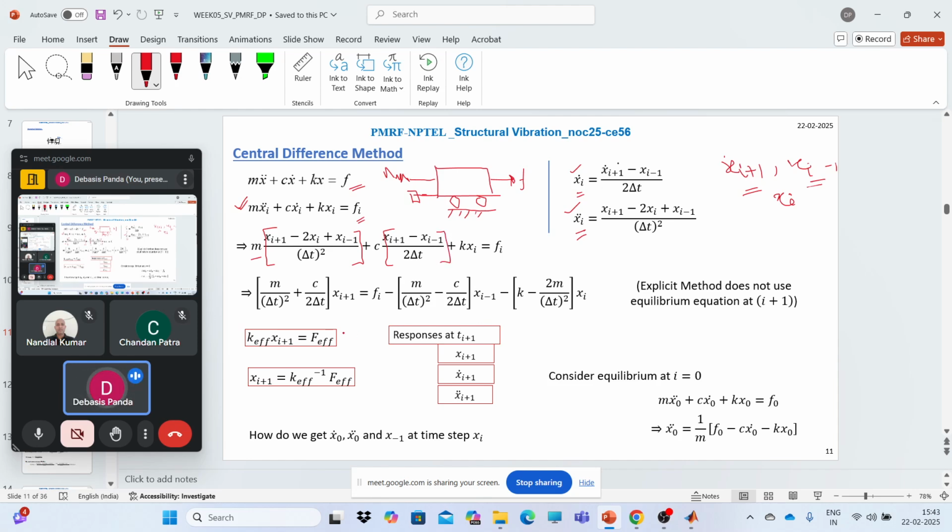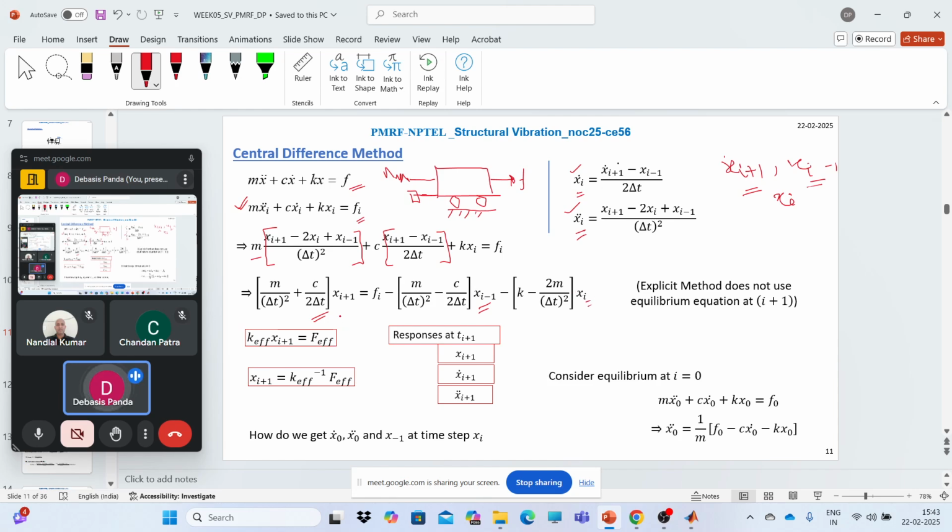If we simplify it, we get this term: m by del t square plus c by 2 del t, times x i plus 1, is equal to f i minus k minus 2m by del t square x i minus m by del t square minus c by 2 del t times x i minus 1.